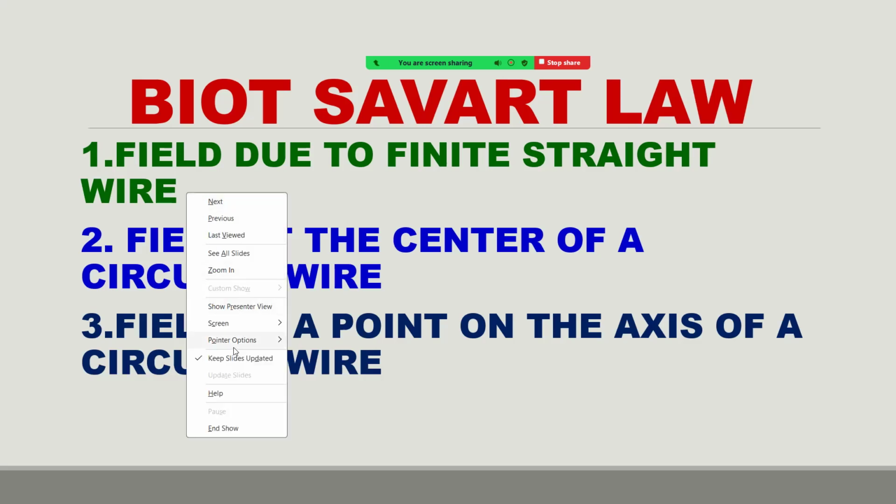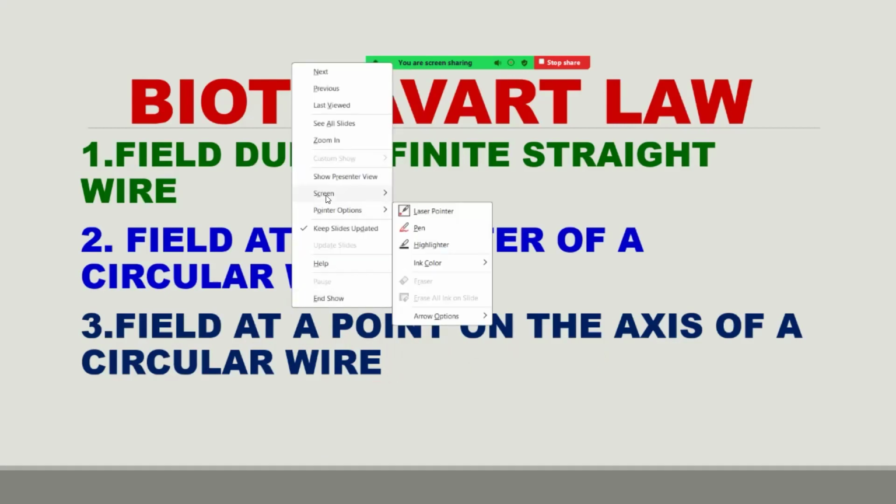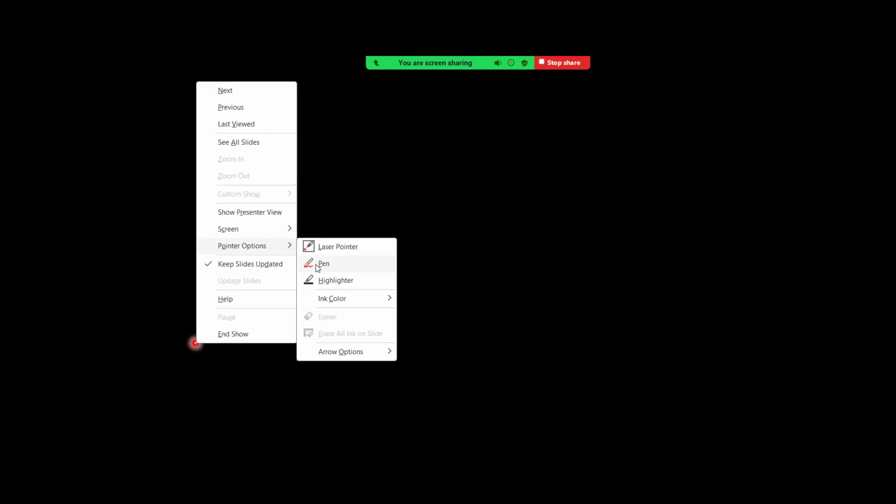In this next one, the third one, field at a point on the axis of a circular wire. So now we have discussed the field at the center, and now it is on the axis.